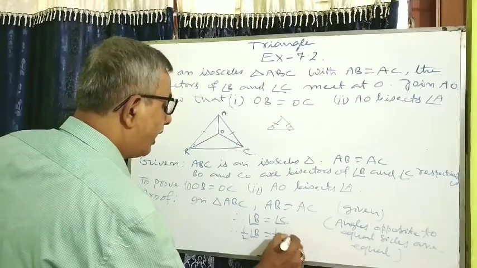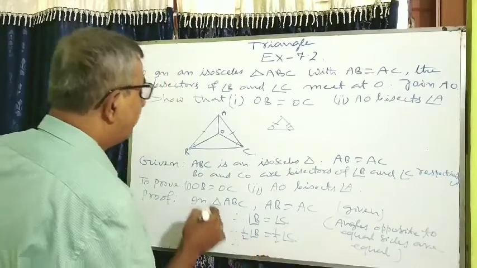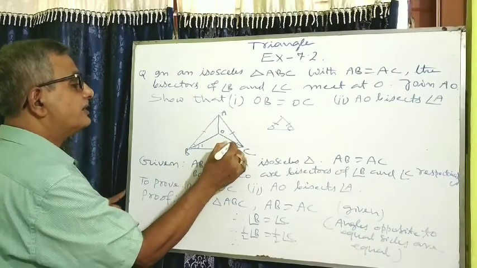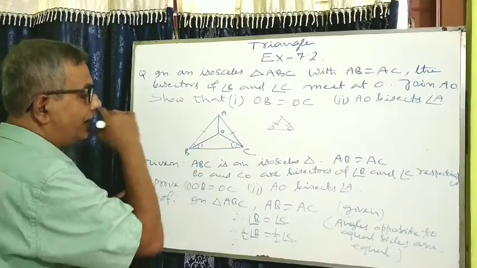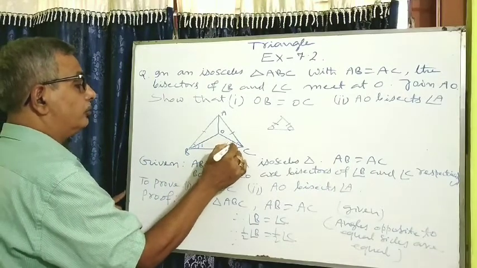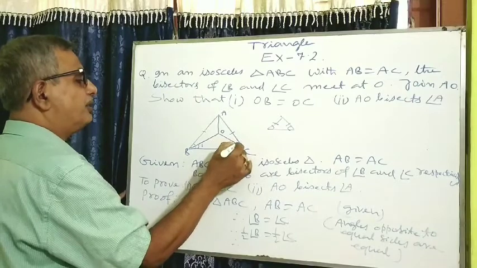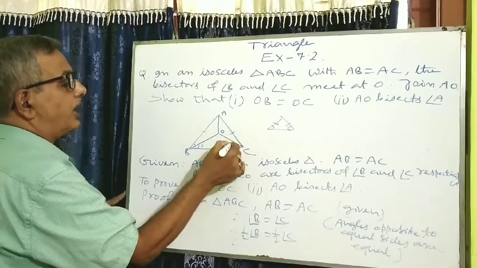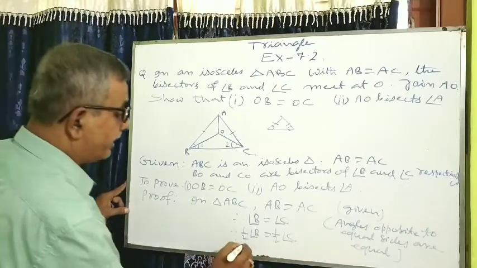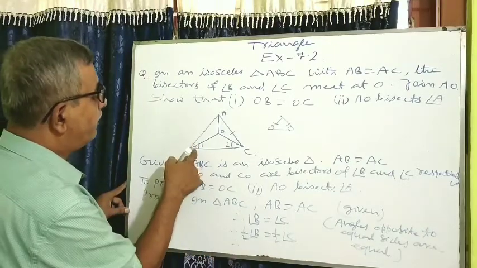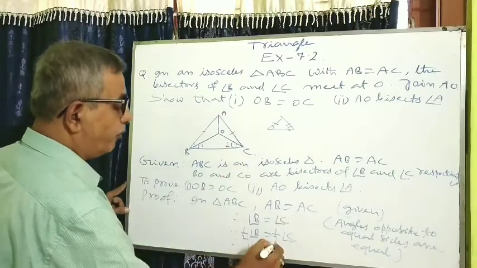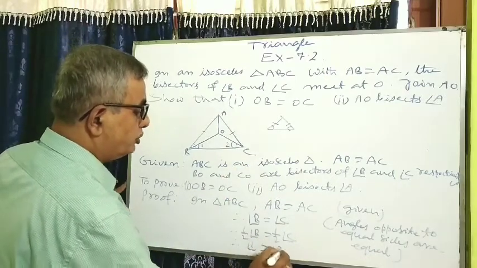Therefore, you are getting half of B. This small angle, that is 1. This small angle, that is their half, I am writing 2. This half, some indication I have to give. So you can write half of B, we have taken 1. Half of C, we have taken 2.